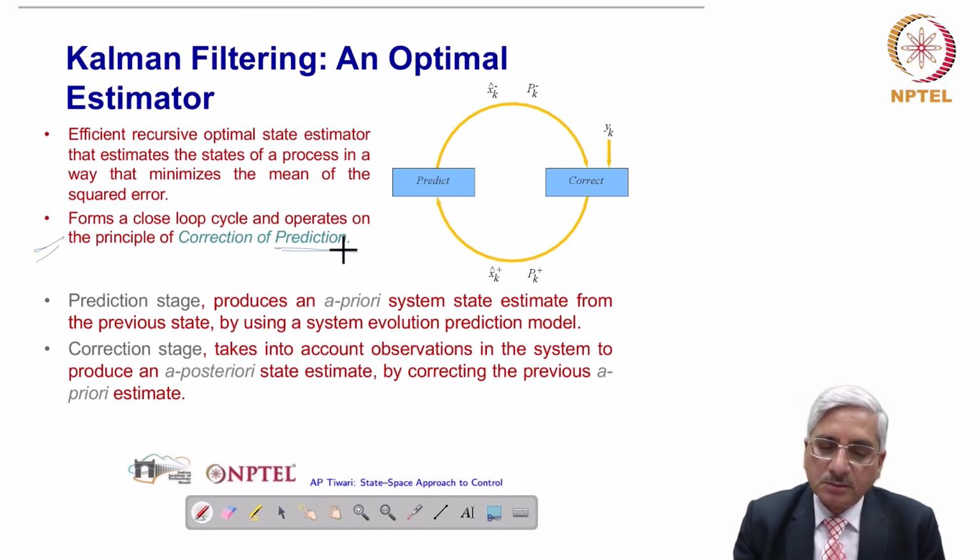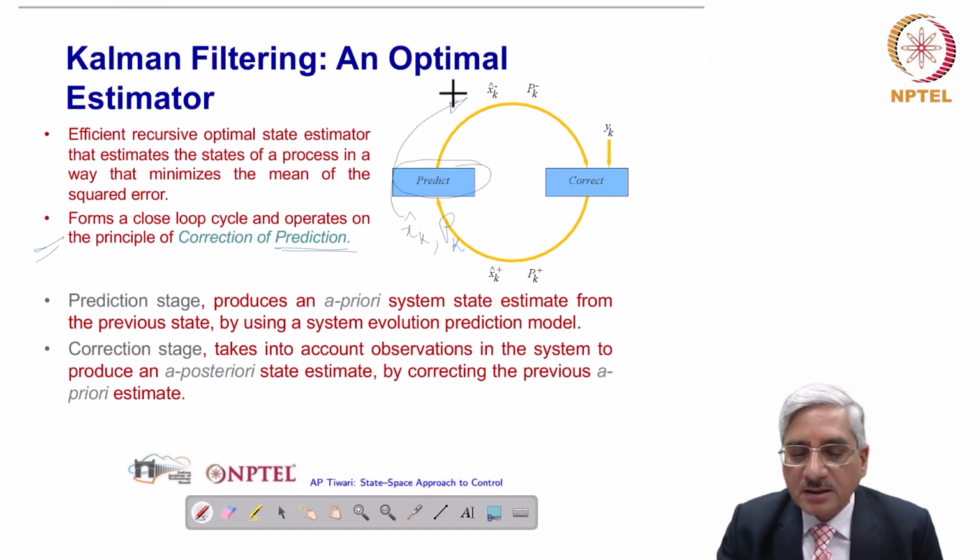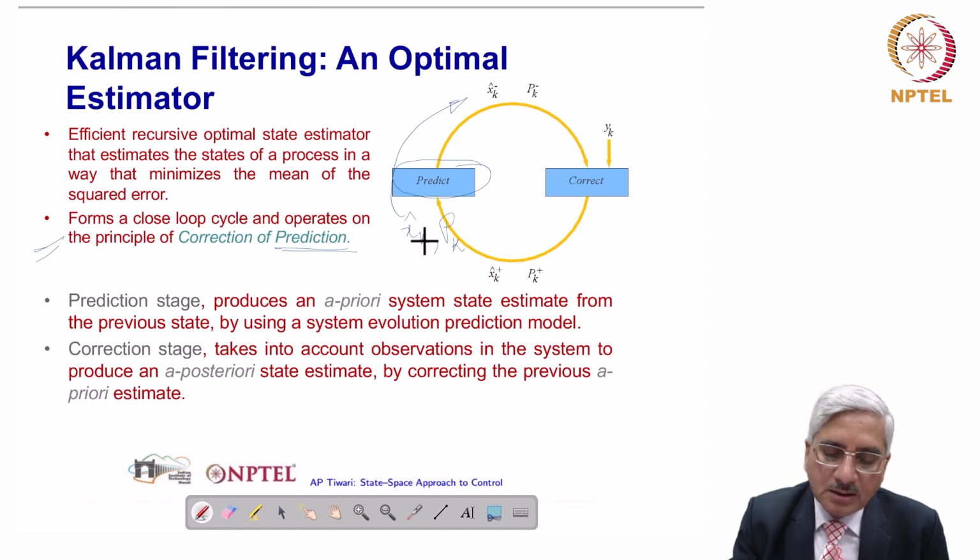Now, this is tried to show here that based upon the knowledge of states xk hat and this covariance matrix pk, and using the system model we calculate this, this is xk minus 1 and pk minus 1.